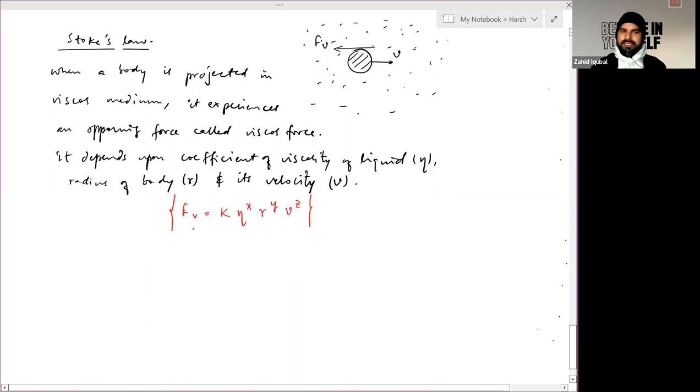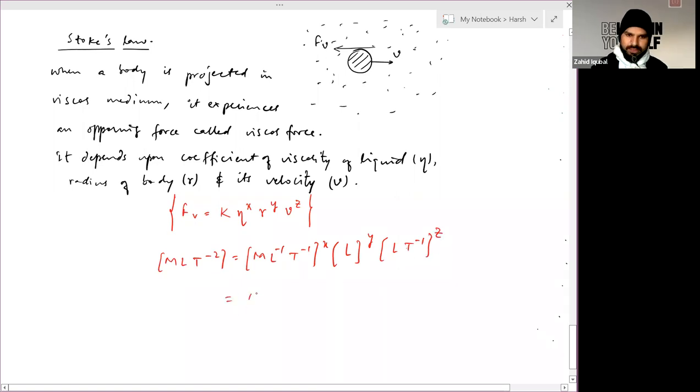Now, write the dimension of each quantity on the left side and right side. For force, we have MLT to the power -2. K, being a proportionality constant, will be unitless. Next is eta, ML^-1 T^-1 raised to x. Radius is length raised to y, and velocity is LT^-1 raised to z.